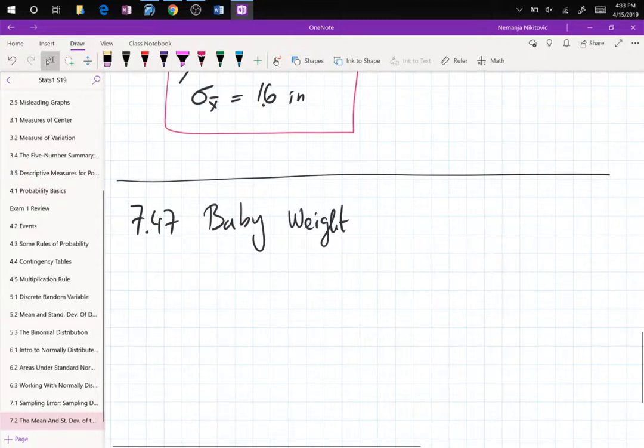The paper "Are Babies Normal?" focused on birth weights of babies. According to the article, the mean birth weight is 3,369 grams, with a standard deviation of 581 grams.